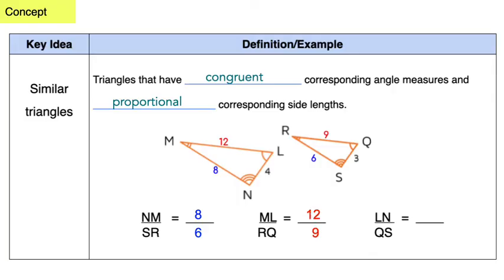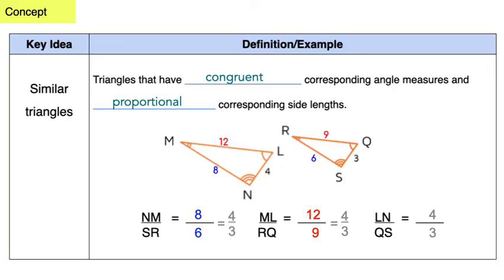That would be 12/9. And let's look at the shortest sides, LN and QS. That would be 4/3. All three of these ratios are equivalent. They all simplify to 4/3. Therefore, this pair of triangles is definitely similar.